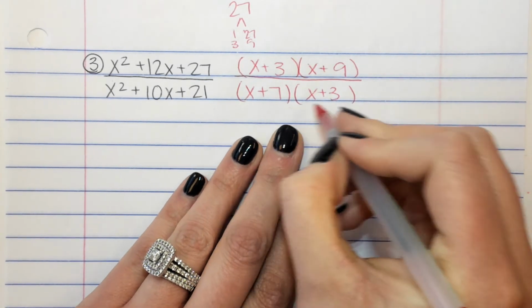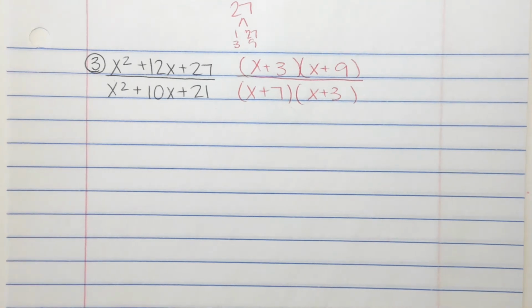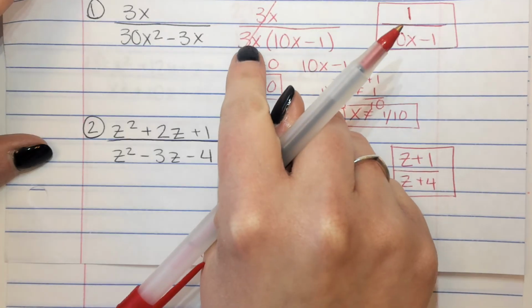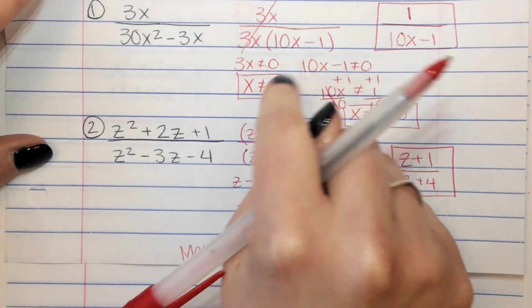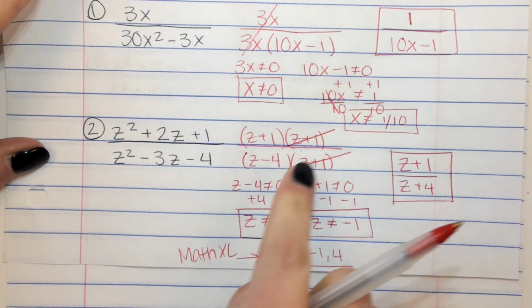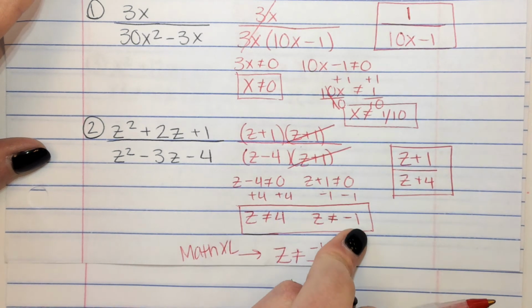All right, so I'm going to take the bottom and find my two values that x cannot equal, and let's see if you noticed a pattern over here. 3x was just a 0. 10x minus 1, we added 1 divided by 10. Here we had negative 4, and it couldn't be 4. We had positive 1, and it couldn't be negative 1.